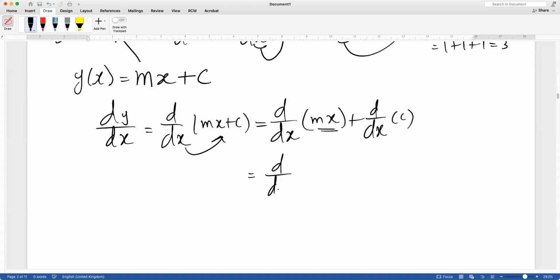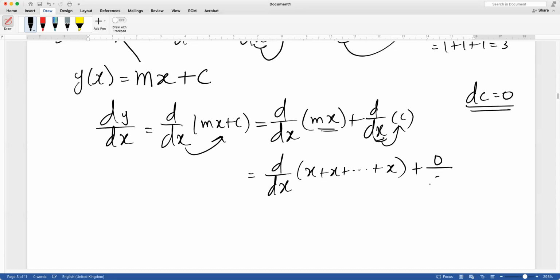So this is d by dx of x plus dot dot dot plus x. Every time no need to do that, but I'm just repeating it this time. And then x is changing from x to x plus dx, asking the question whether the c will change, because I am changing x. dc is actually 0. Is that okay? Yes, 0 by dx. Is it okay? Yes, sir. Okay, so now this is going to be dx by dx plus dx by dx plus dot dot dot plus dx by dx.